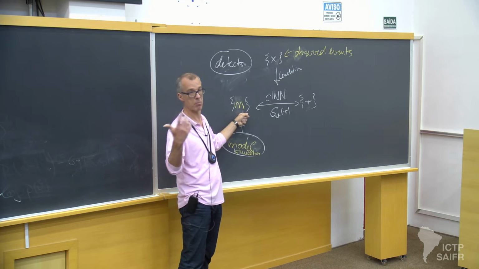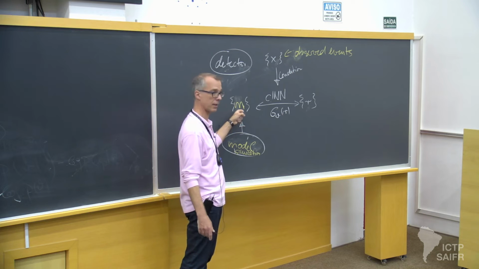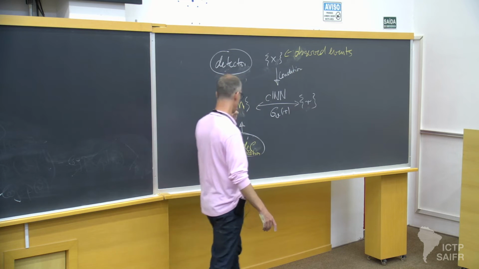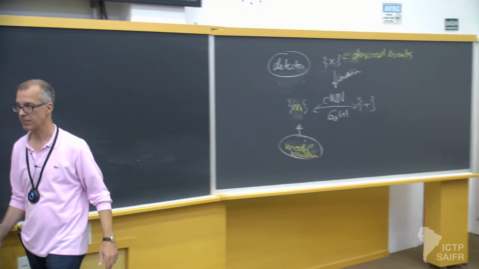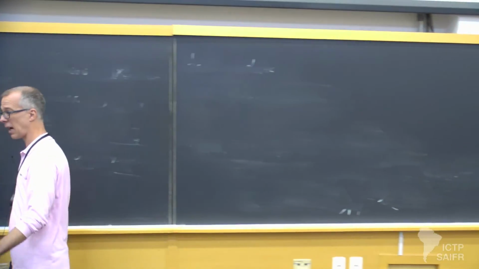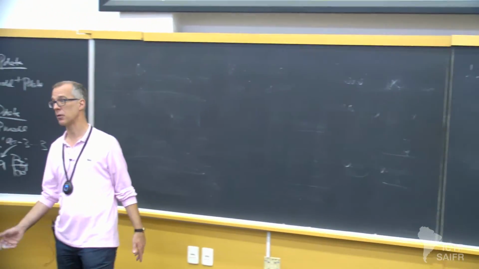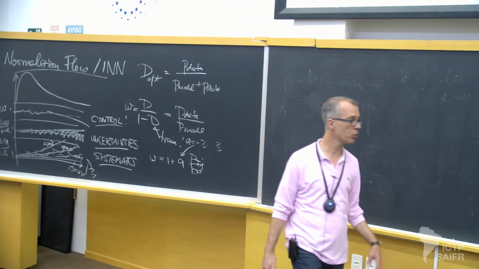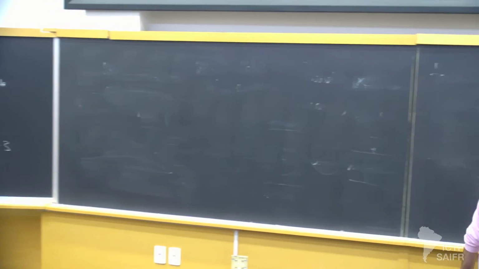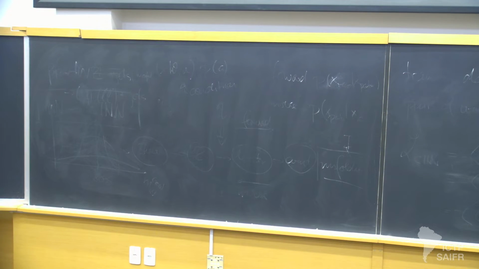Probably a single mode, but it could be any kind of distribution. So that's proper inference: the same architecture, a conditional INN, for inference. All I'm doing is replacing my pairs of events at the parton level and at the reco level and the parton level.